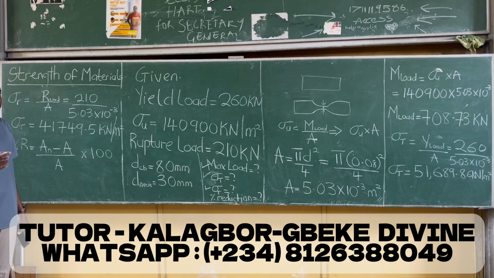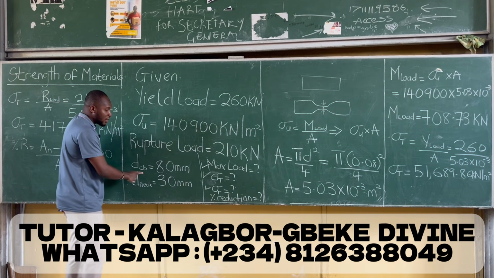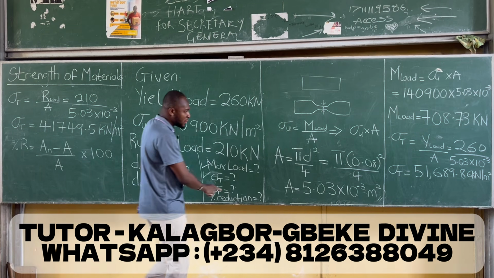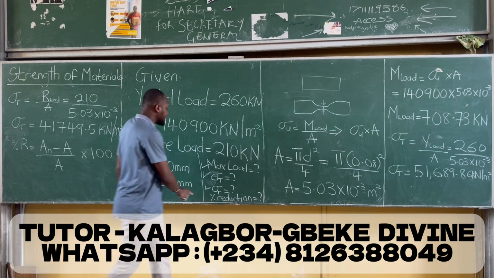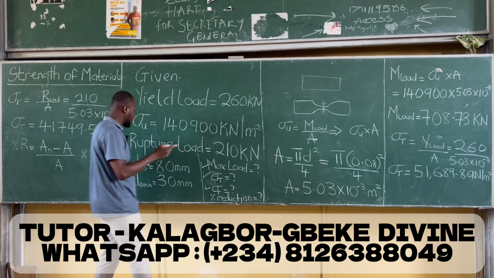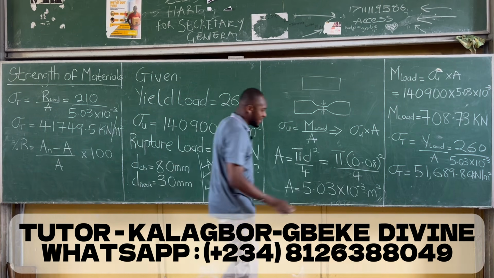The diameter of circular bar, that's what we used to get our first area. Remember, this was the diameter of circular bar. We used it to get our first area. That's this one. So now we'll use the second diameter to get our next area. That is the neck area. So now let's proceed. Let's look for our next area here.